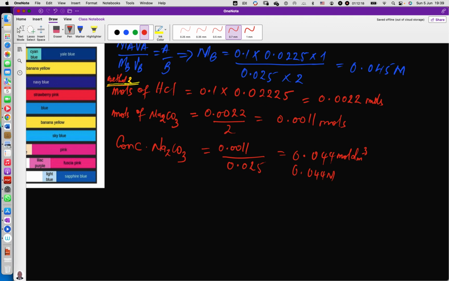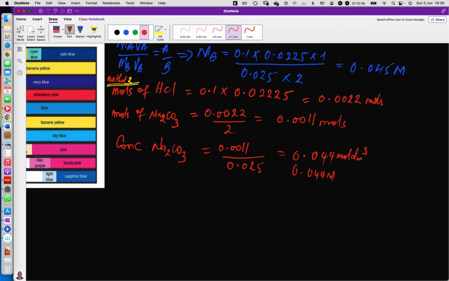And what is the concentration? Concentration is moles divided by the volume in dm cube. The volume of sodium carbonate pipetted into the conical flask is 25. We divide it by 1000, we have 0.025.